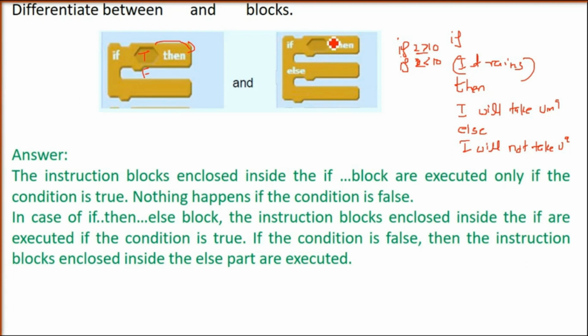But in the second case, 2 greater than 10 is false, so it will come to else, and the else instructions will be executed. So if then works only for true, while if then else works for both true and false conditions.